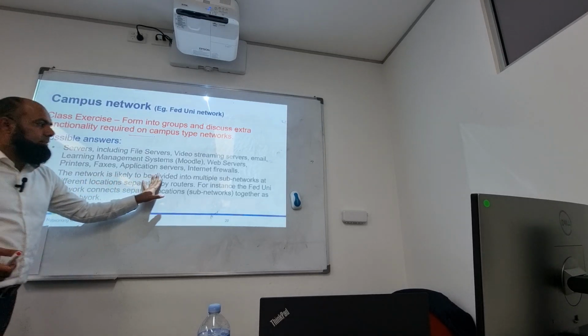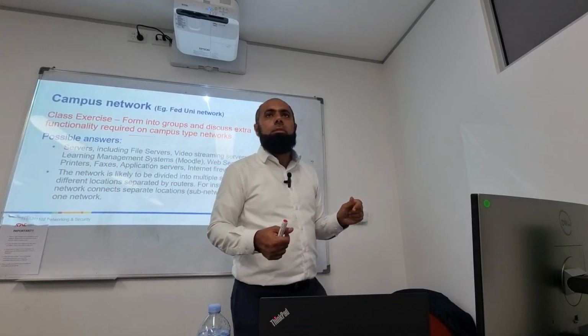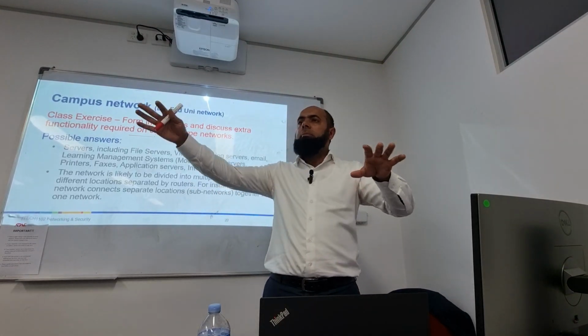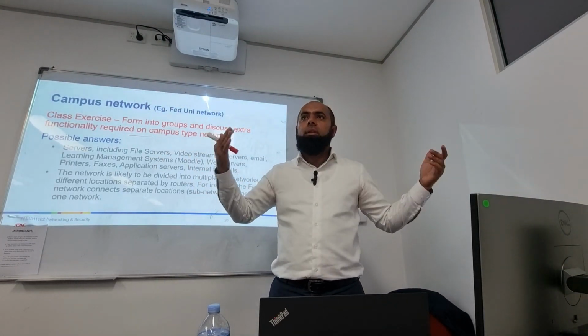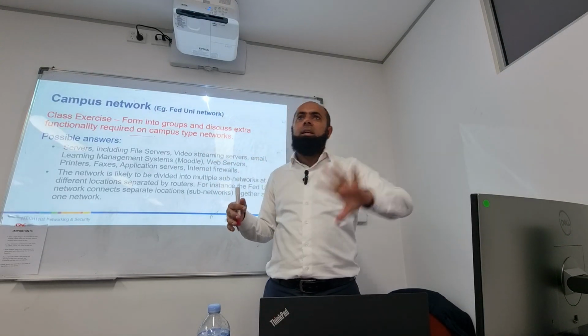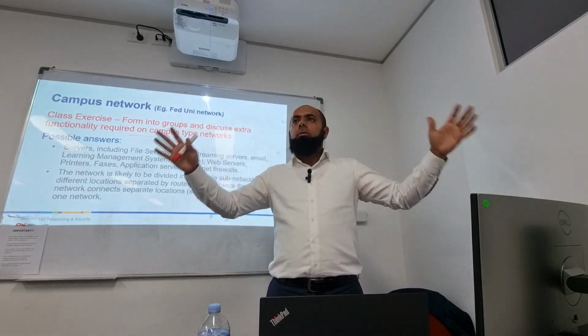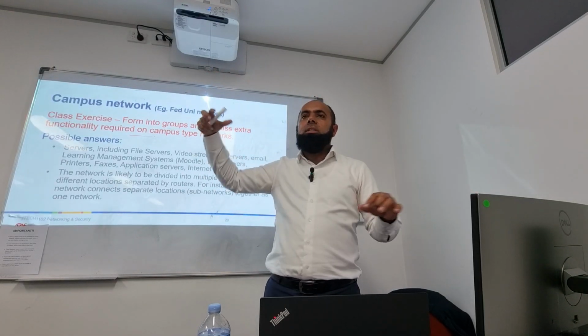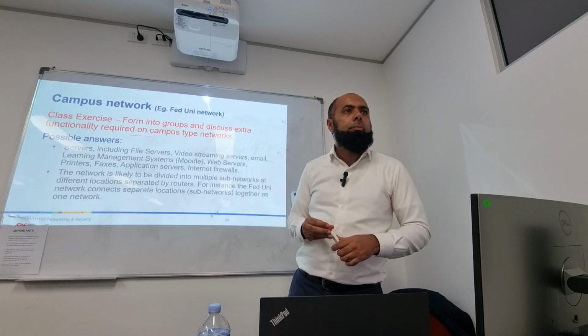So that network is divided into multiple subnetworks. Maybe this lab has a subnetwork of 10 computers, then another lab, but ATMC has one network where they have 100 computers, then ATMC Sydney and Melbourne has a network of 500 computers. Then on top they have the main connection from where everything goes. Okay.